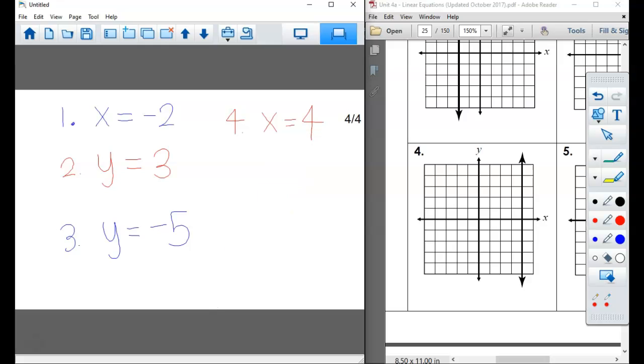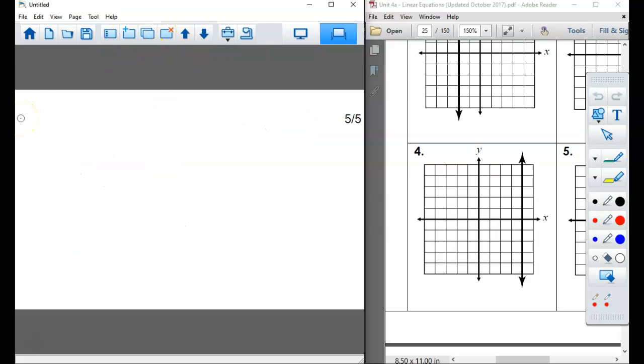So when they give you the line and say, what is the equation? Ask yourself, which axis does it cross? Does it cross x or does it cross y? That'll help you get the right letter.